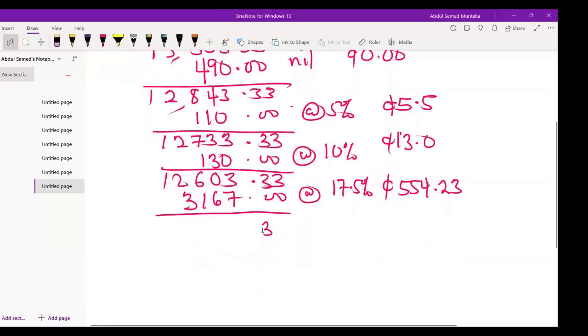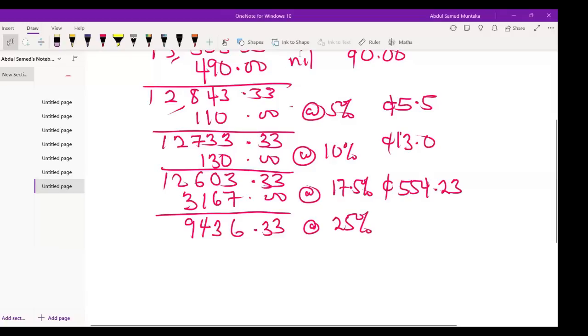How much of the money is left? So 13,600 minus the tax gives 9,436.33. If you look at the schedule, the next is what? 16,000. But this money is not up to 16,000. And therefore, we will tax it at 25%.